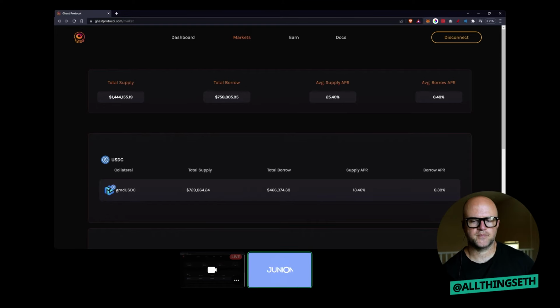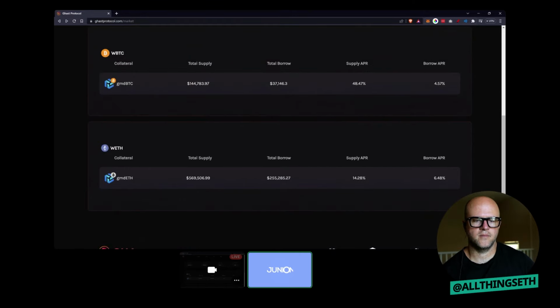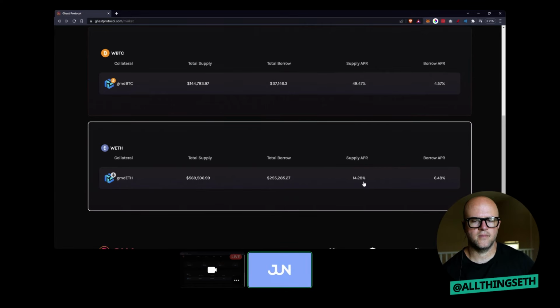Another strategy is you could just use that as extra flexibility, right? So you have your GMD tokens, but whenever you want extra money to yield farm, you can just borrow it and deposit it somewhere else that's yielding higher. We've also seen people take their GMD ETH, for example, borrow ETH and deposit it right back into our own markets, because we're yielding like 14% here.